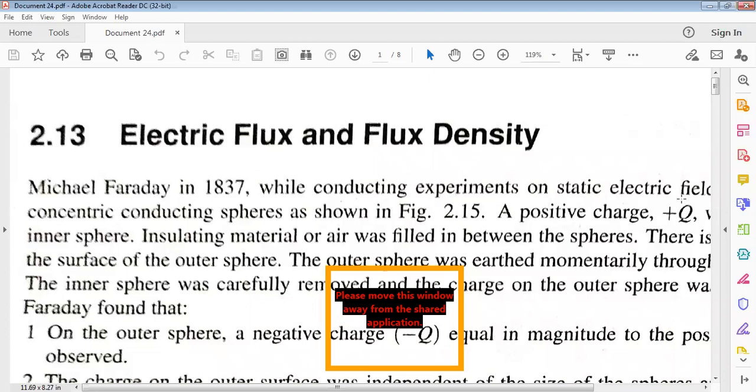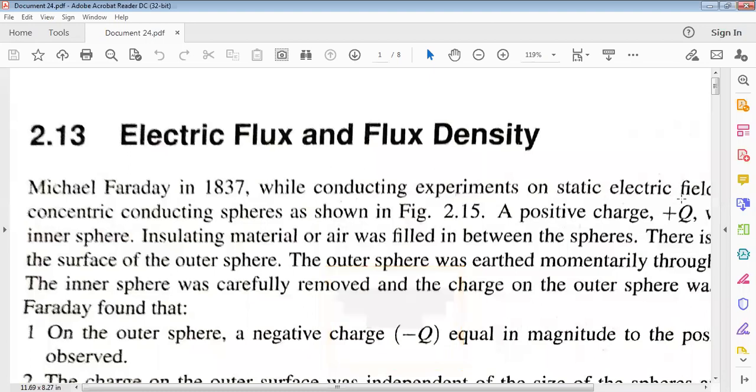Whatever charge is deposited on the inner surface of the inner sphere, an equal and opposite charge is developed at the outer sphere when the switch is momentarily connected to the ground. How much charge develops on the outer sphere depends upon the charge on the inner sphere, but it is of opposite sign. That is the experiment conducted by Michael Faraday in 1837.